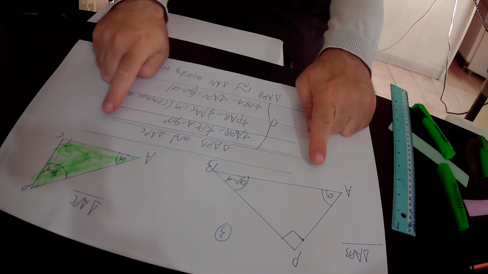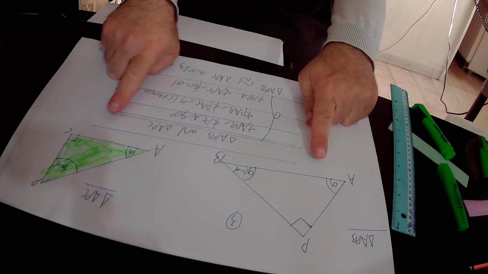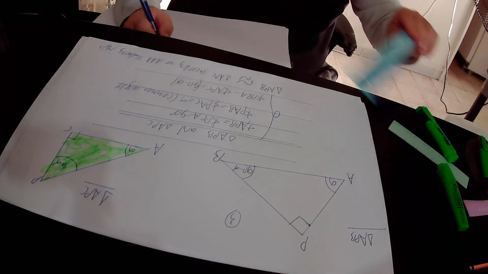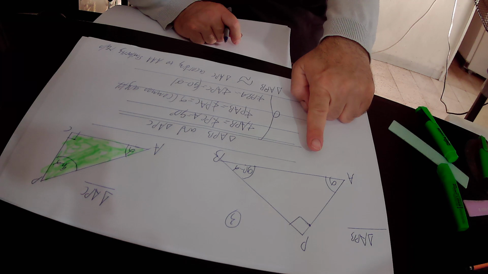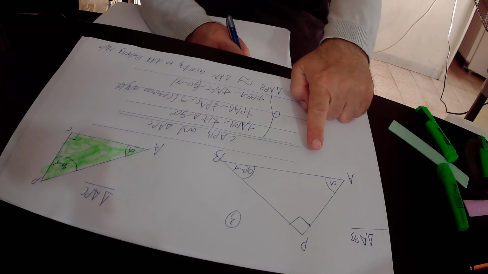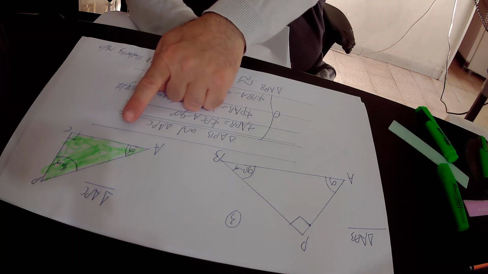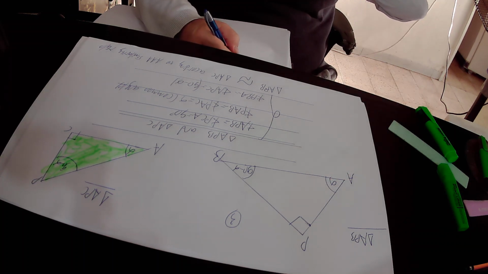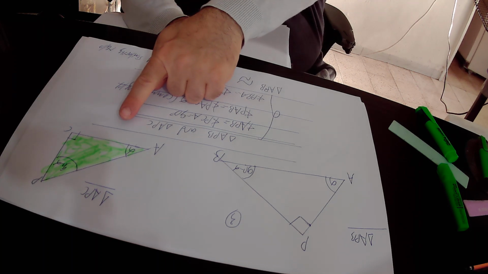And from the fact that those two right triangles are similar to each other, we will derive that the following relationship exists between their sides. We will derive the side AB in this right triangle over side AP in this green triangle equals side AP in this white triangle over side AC in this green triangle.